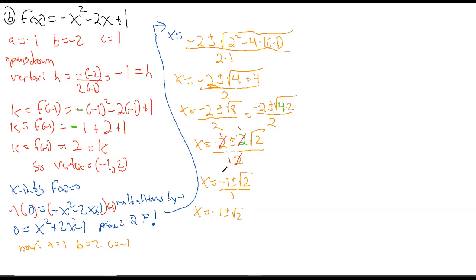We don't need to write the over 1. That was a lot of work to find those intercepts. So your x-intercepts are negative 1 plus the square root of 2, comma 0, and negative 1 minus the square root of 2, comma 0.